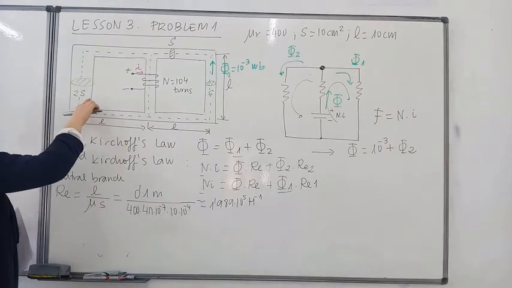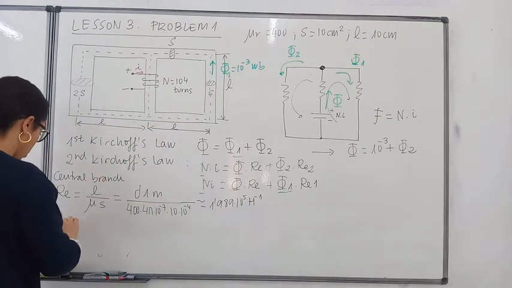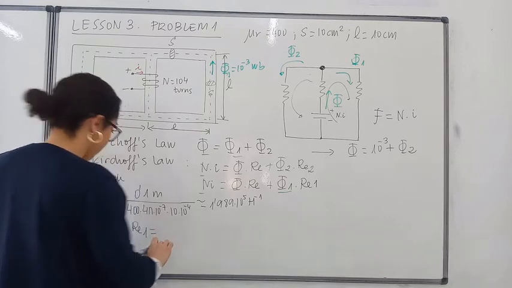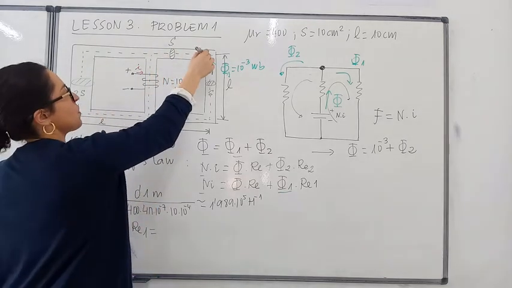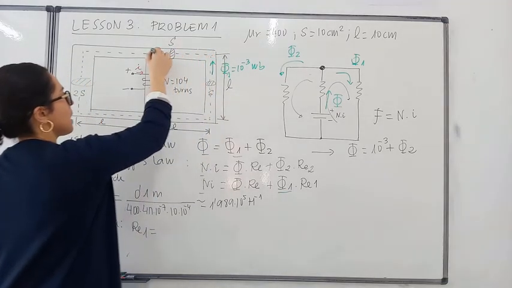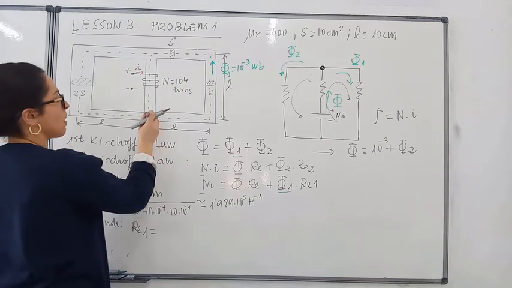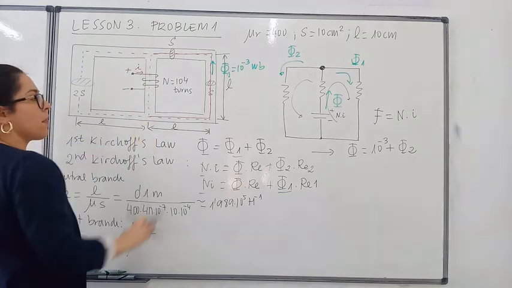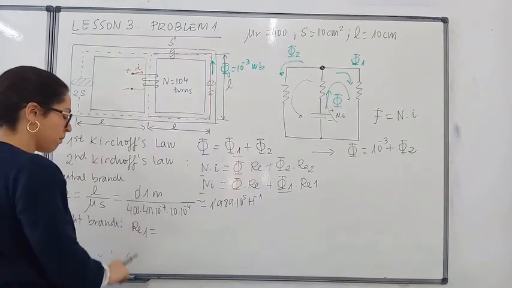So if you do now, for example, the right branch, its reluctance will be reluctance 1, and here in this side you have L plus L plus L. This is the right branch. This is the length of the magnetic path in the right branch.